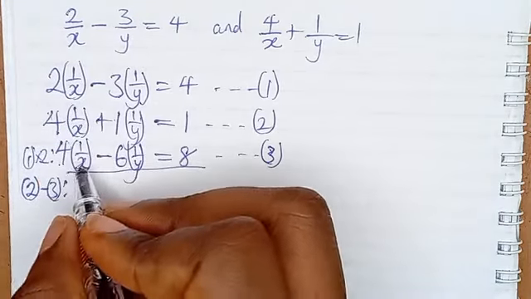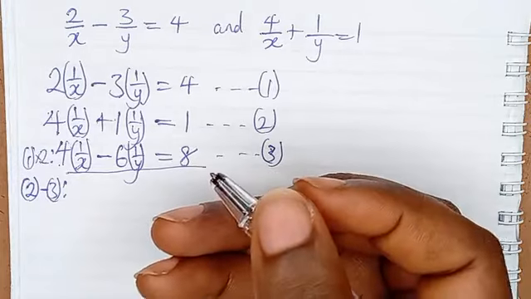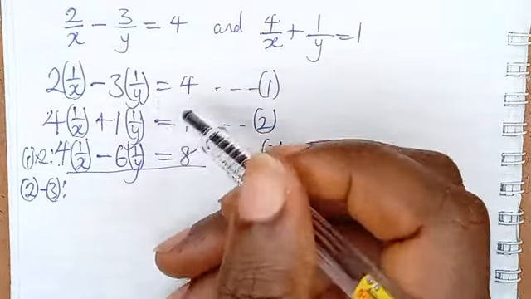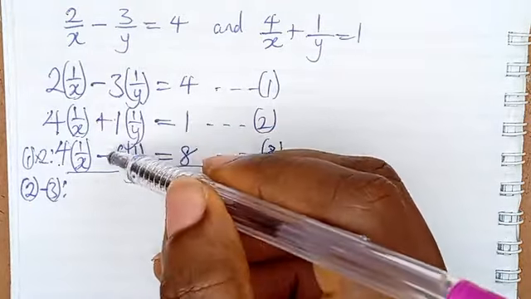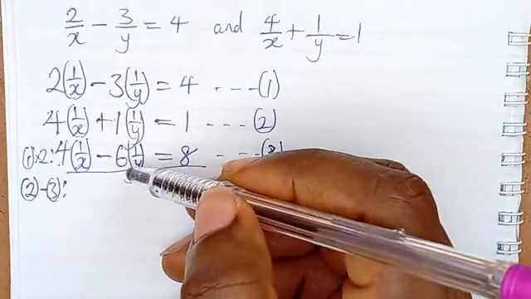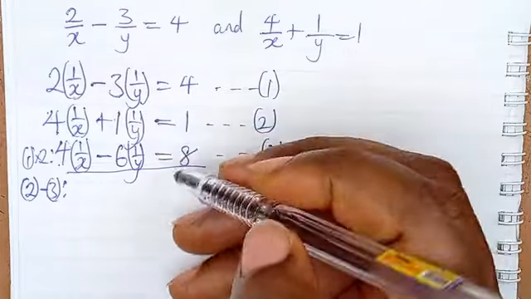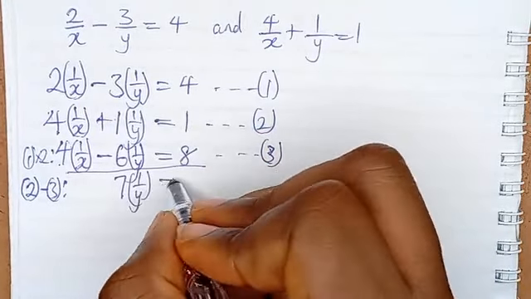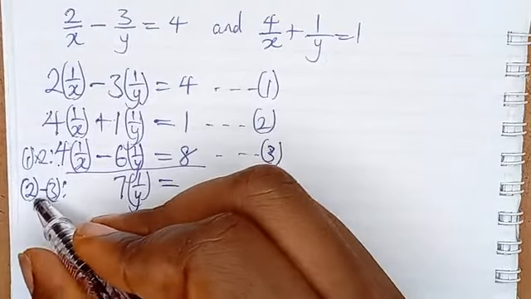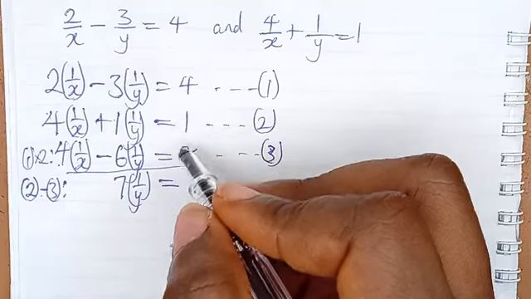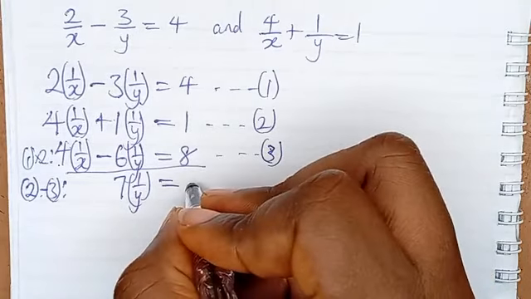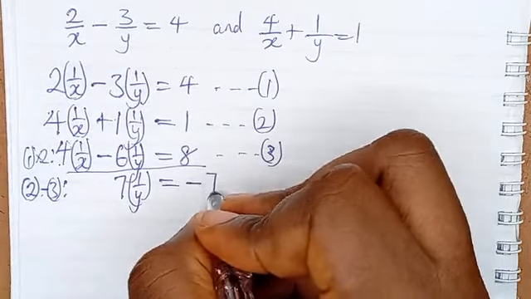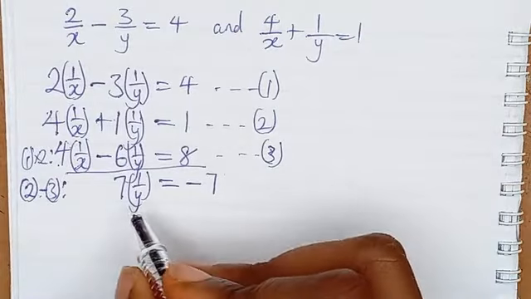So 4 minus 4 is 0, so we've eliminated that. And then now we have 1 minus 6. Minus coming together is plus, so 1 plus 6 is going to give us 7, and we have 1 over y is equal to, remember it is still subtracting, 1 minus 8, which is going to give us negative 7.